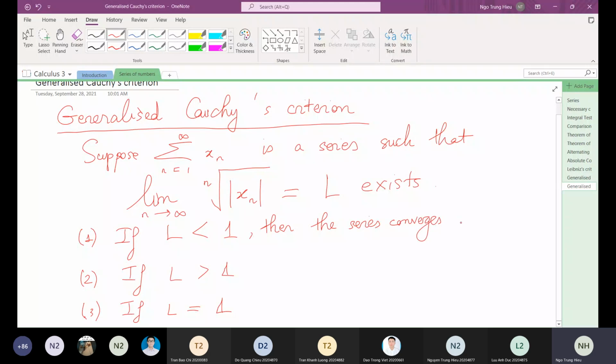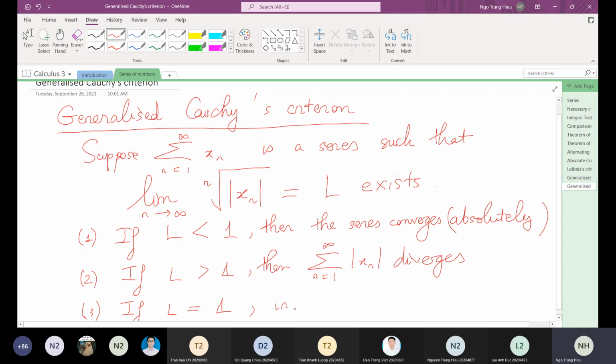Not only converge, but we can say that it converges absolutely. If L is greater than 1, then we cannot say that the series diverge, but we can only say the absolute series diverge. And in the third case, it's inconclusive. We cannot say anything. All right, so this is the generalized Cauchy theorem.